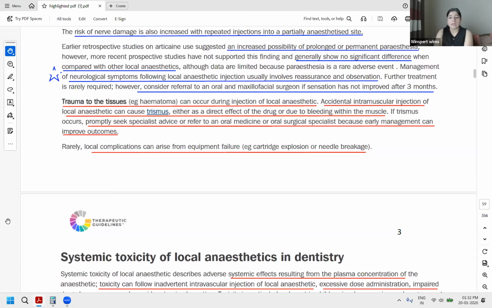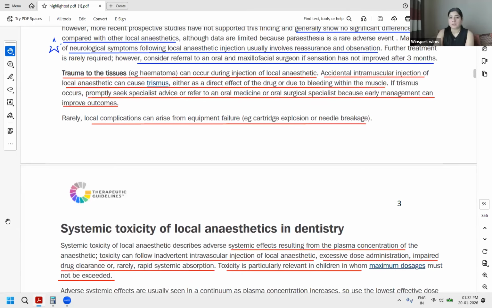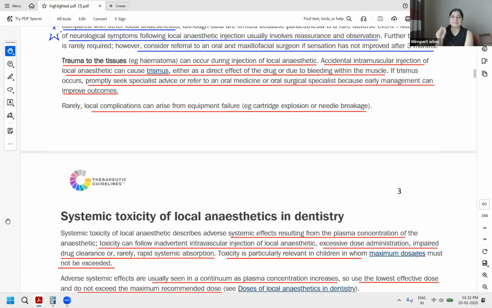Another local complication that can arise is trauma to the tissues, which can occur because you can accidentally injure the muscle, and it can also cause some trismus, right? Either as a direct effect or due to puncturing the muscle and inducing bleeding due to the injury to the muscle. If you find trismus after giving anesthesia, you will seek specialist advice and refer the patient to the oral medicine or oral surgery specialist.